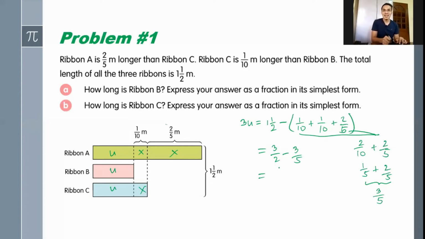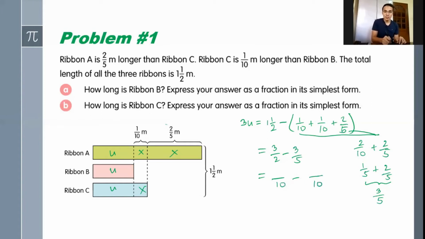Now we're going to subtract 3/2 and 3/5, but we have to get first the least common denominator, and that is 10. We have to make sure that these fractions have the same denominator. And the LCM for 2 and 5 is 10. So we have to express each fraction in terms of this LCM. Okay, so we have over 10, over 10.